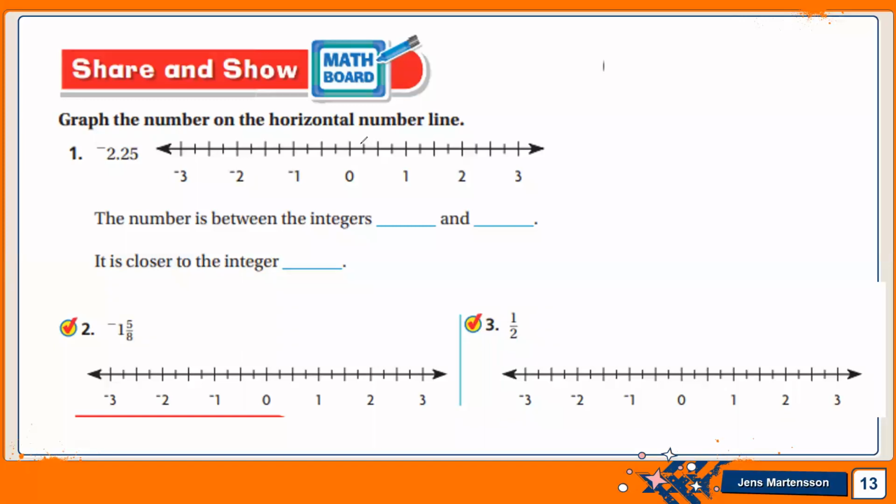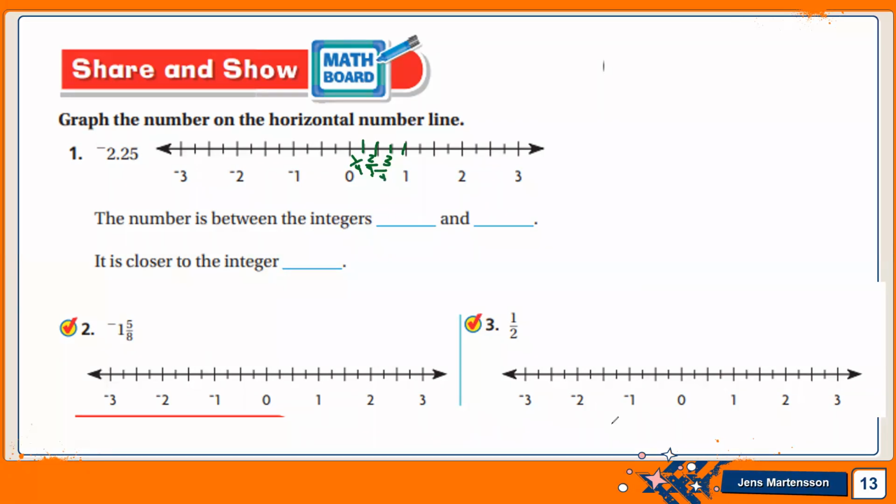How many dashes between 0 and 1? 1, 2, 3, 4. They are 4, not 8. So you will count by 1/4: 1/4, 2/4, 3/4, and 4/4, and so on.